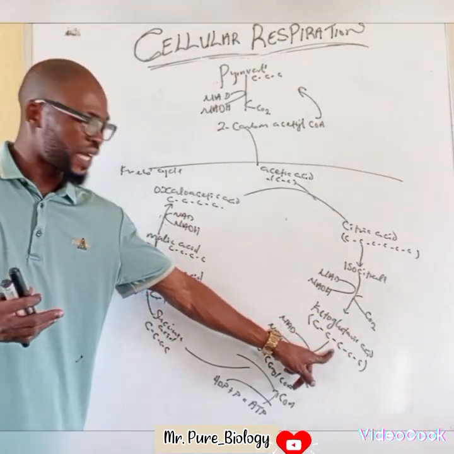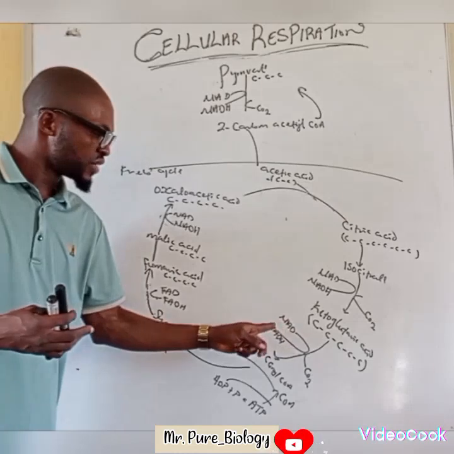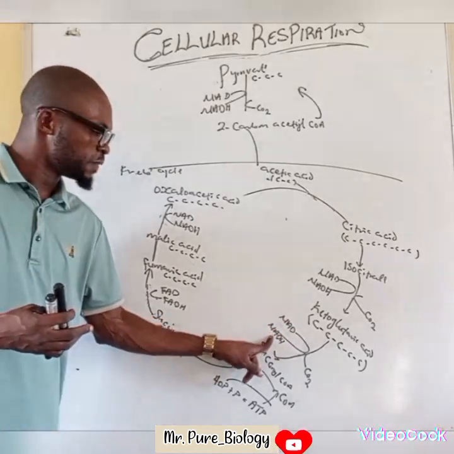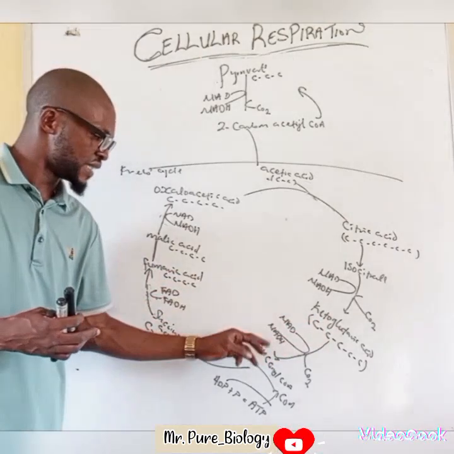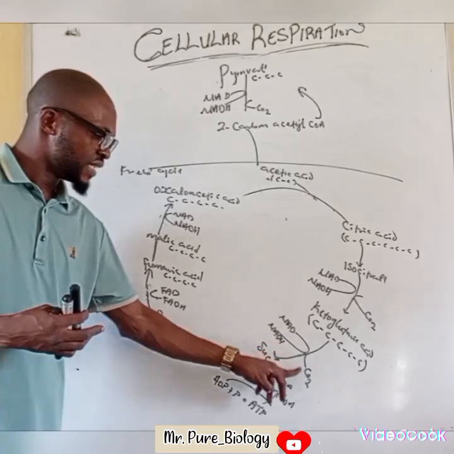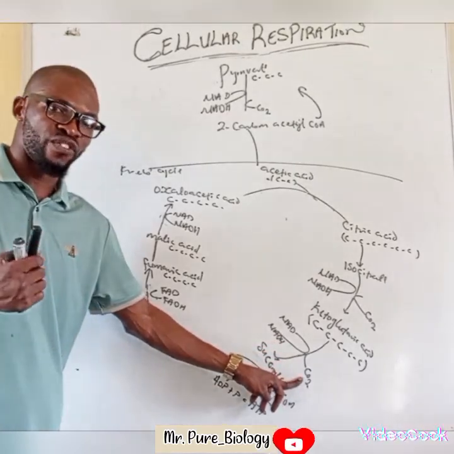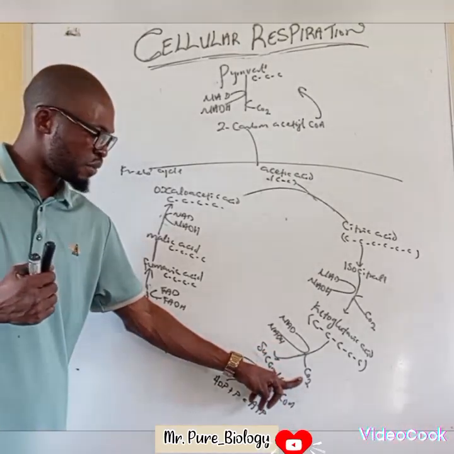After the ketoglutaric acid has formed, there is also removal of an atom of hydrogen to form NADH, as well as a molecule of carbon in the form of carbon dioxide.